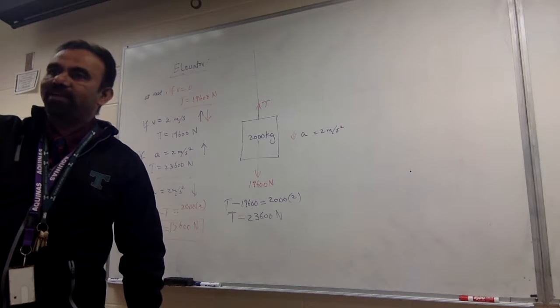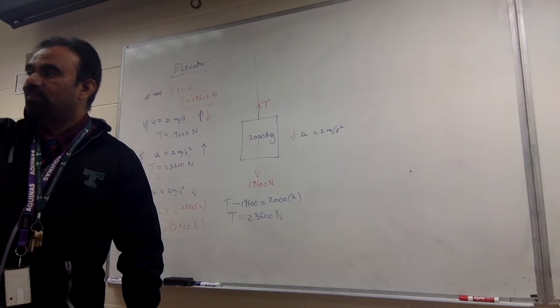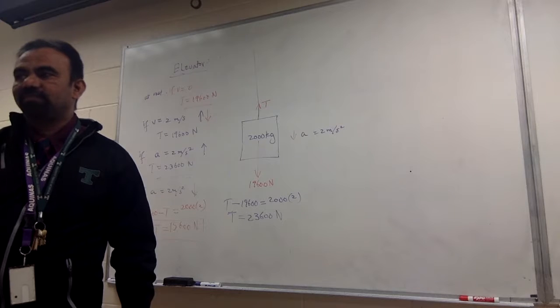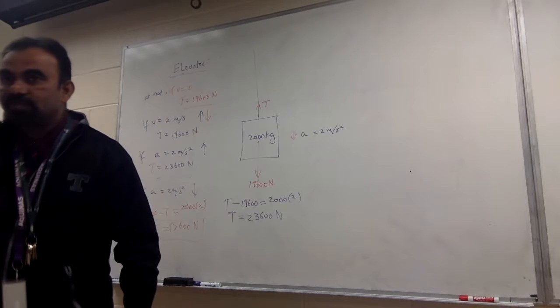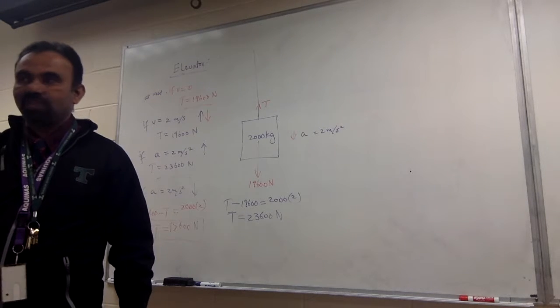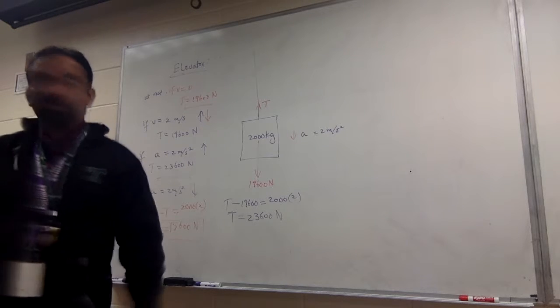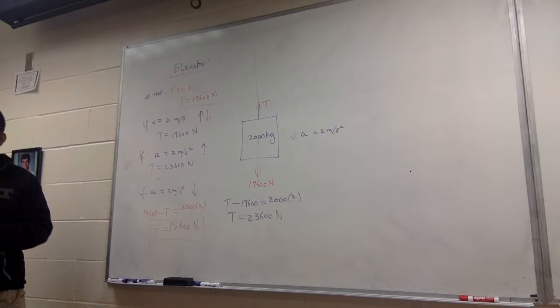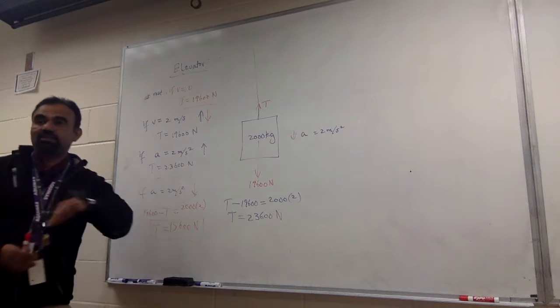If I start pulling it up, there's a chance that it snaps off. But if I'm lowering it, it's less likely to break. If you're trying to pull it upward, the tension goes to the higher end, more than the weight. So there's a chance of it breaking.